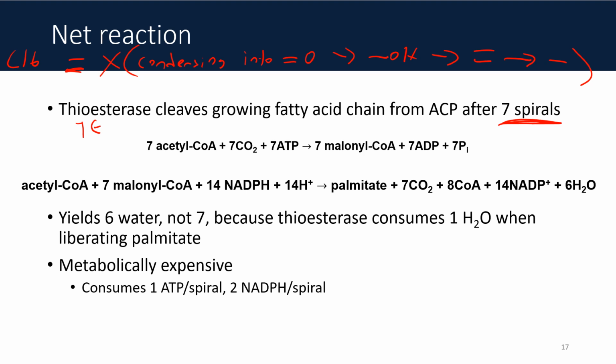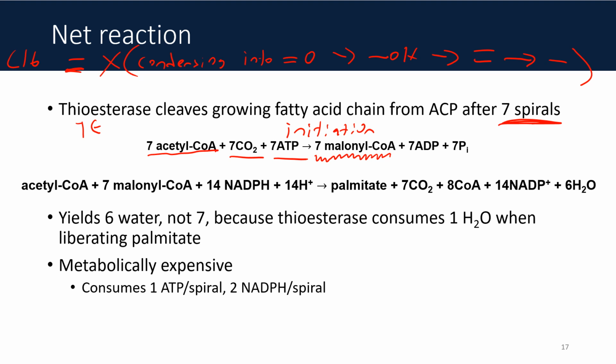And so in total, what does this whole process cost us? The initiation steps are going to consume 7 acetyl-CoAs, 7 carbon dioxides, and 7 ATP molecules, which is going to produce our activated malonyl-CoA, 7 of them, along with 7 equivalents each of the waste products from ATP hydrolysis.